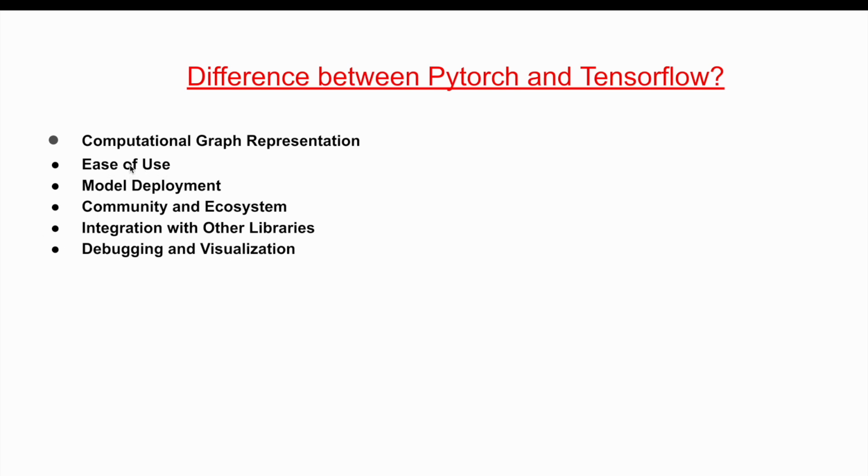So our next difference between TensorFlow and PyTorch is the ease of use. TensorFlow can have a steeper learning curve due to its static graph nature and sometimes verbose syntax. However, TensorFlow 2.0 introduced a more user-friendly API similar to PyTorch's dynamic approach.